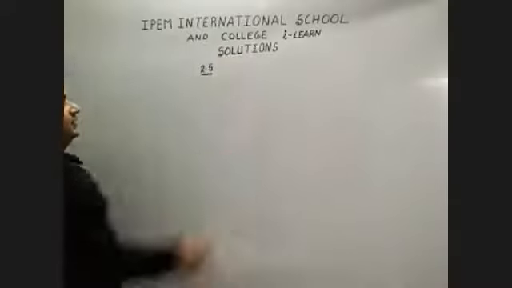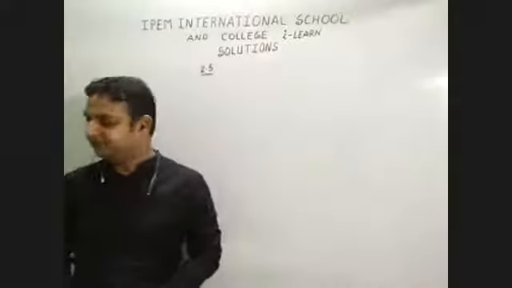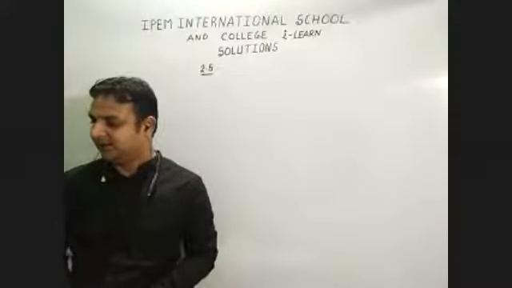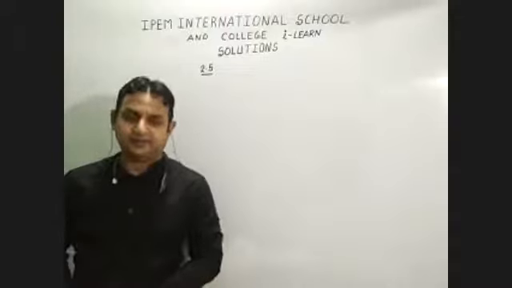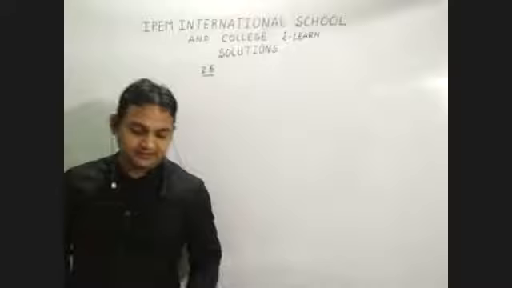After the completion of this chapter, you have a test for the 2 chapters now: solid state and solution. A 20 marks question will be there, so practice it. You have the numericals also there.